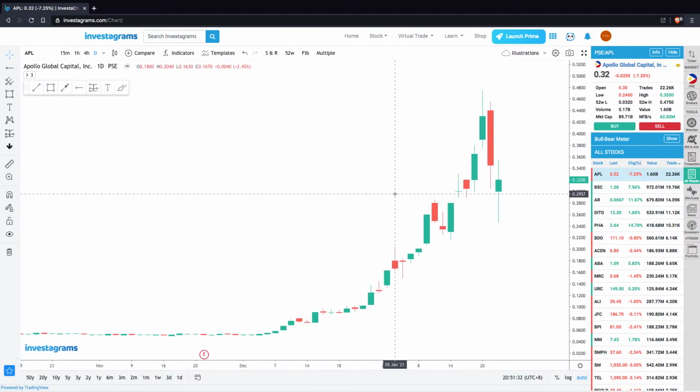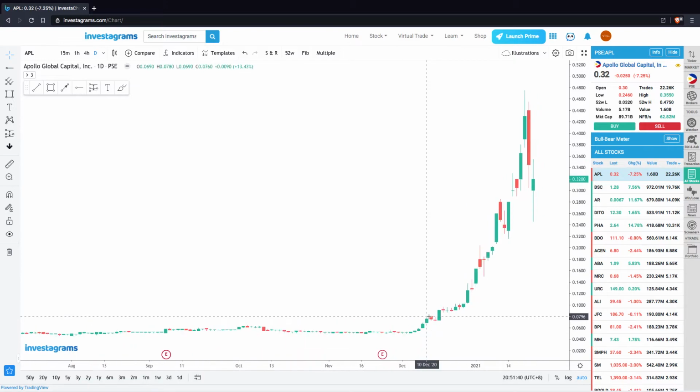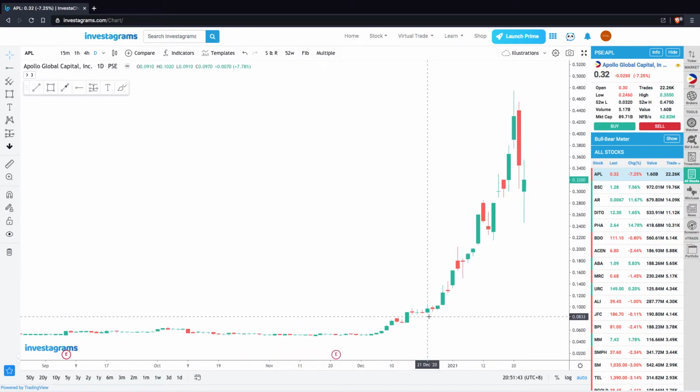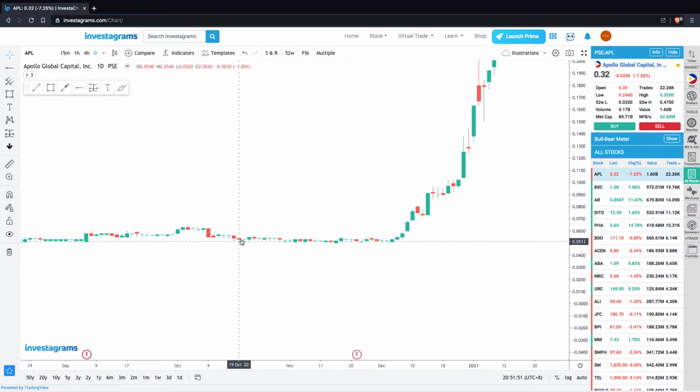So where did we see an abrupt movement of prices? I usually start from where it all began. So I zoom out, scroll out, and then I could see that at this level there was not much movement, so I could say that this was an area where it started moving.